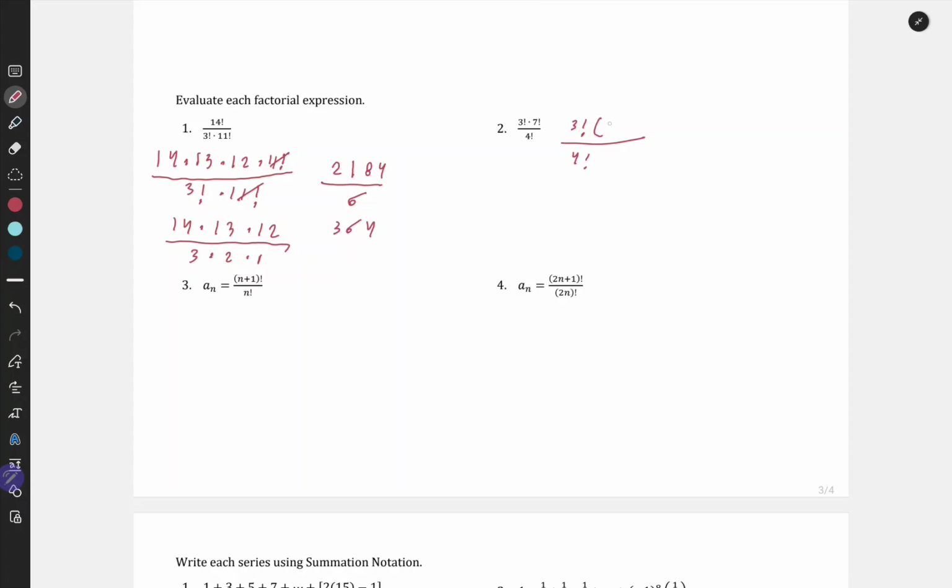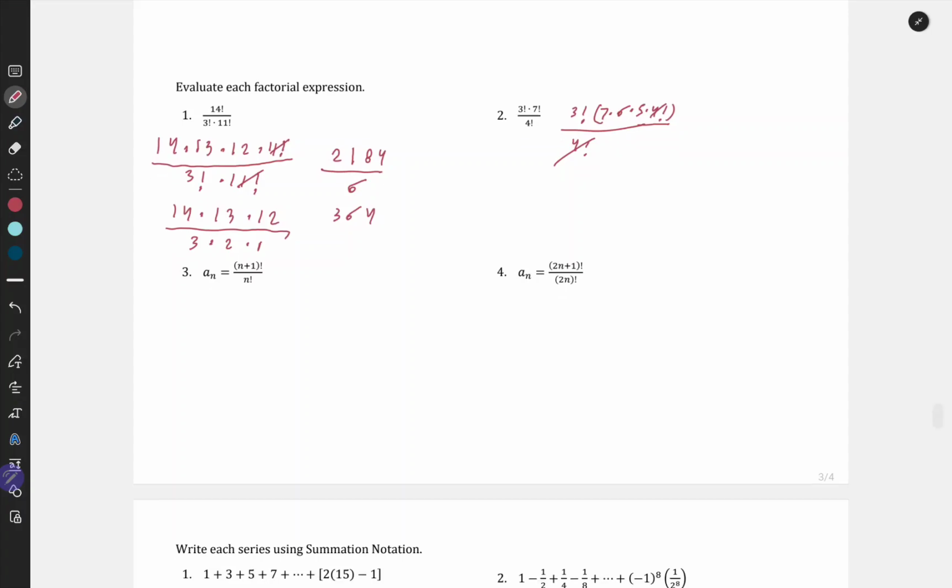You have 7 factorial: 7, 6, 5, 4. Because we have 4 factorial, we can cancel out this 4 factorial with this 4 factorial. And what that gives us is 7 times 6 times 5.